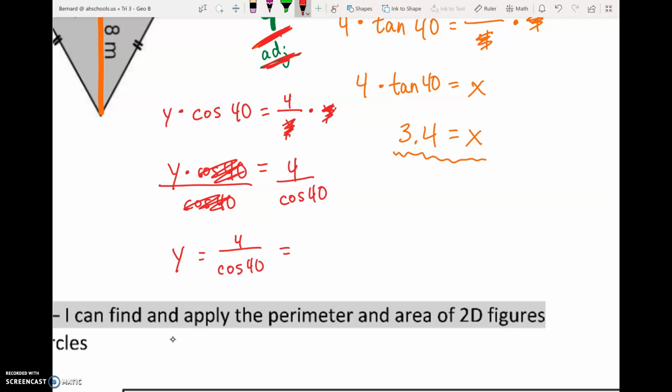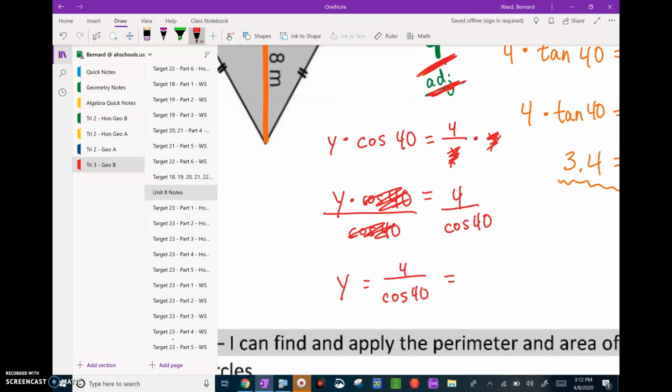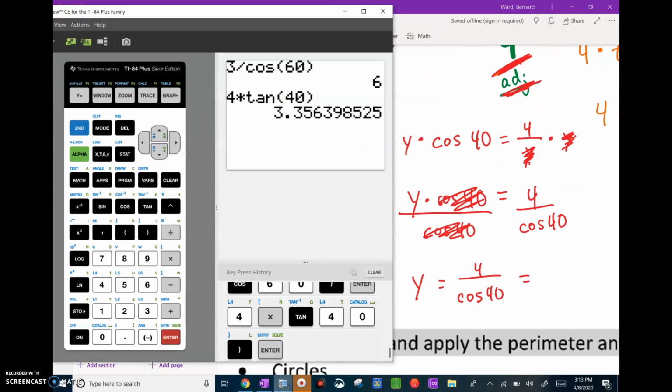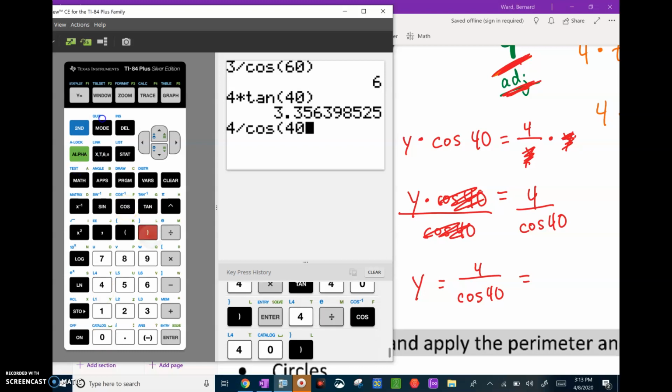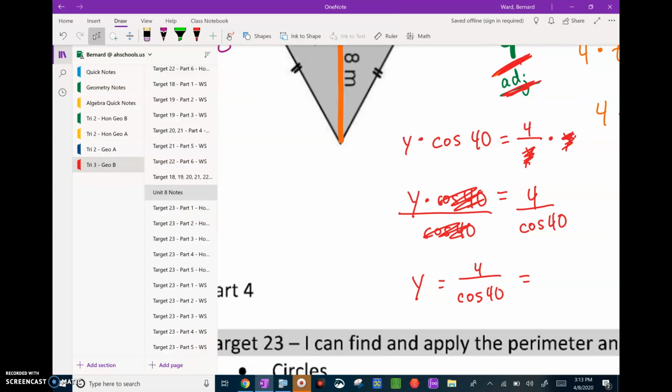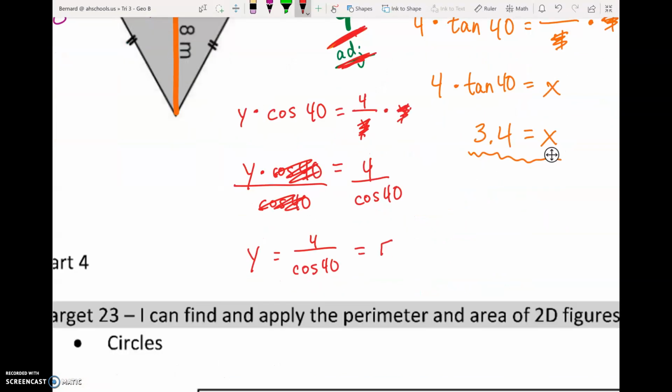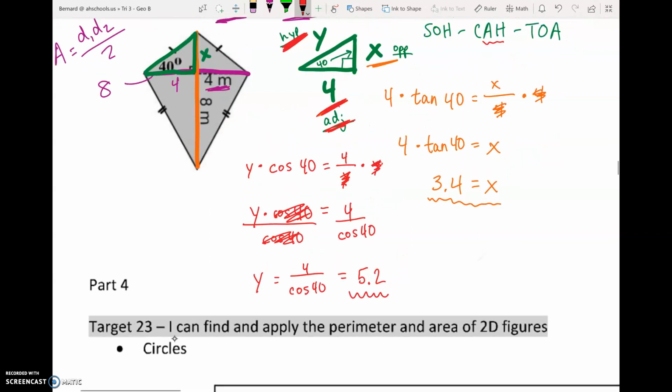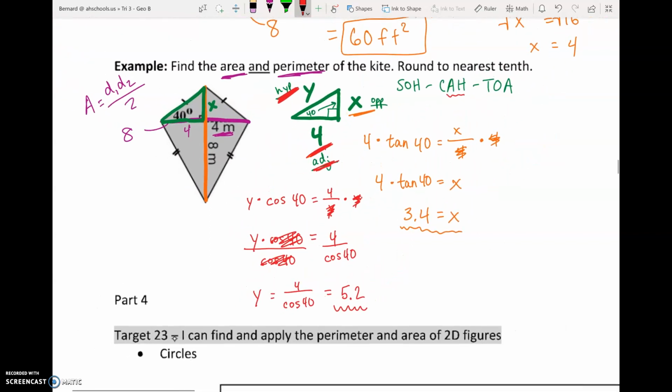And I just type that into my calculator, and that'll tell me what Y is. And so when I do 4 divided by cosine of 40, it tells me 5.2. And so I'm going to write that down. Y is 5.2. And again, that's something we're going to need to know, but we just can't utilize it yet.